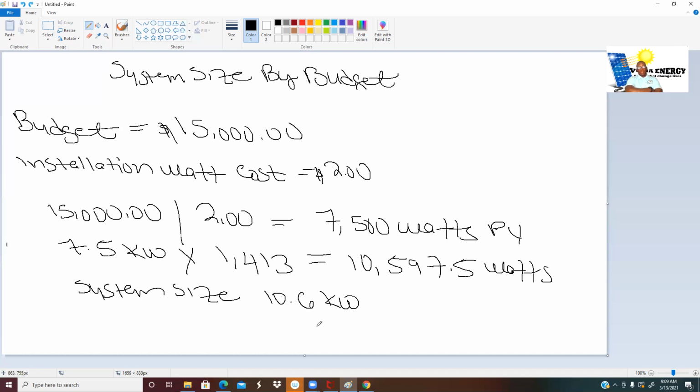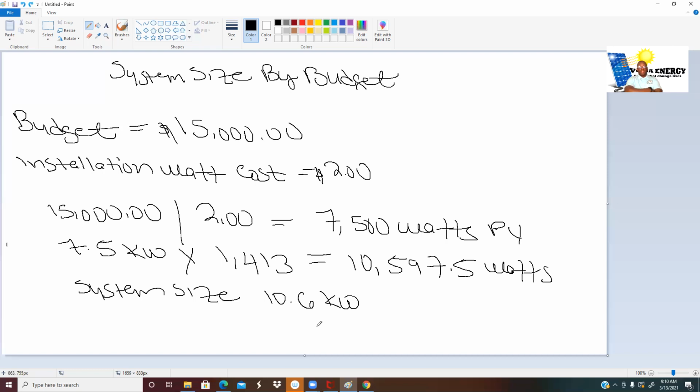Customer budget is 15 grand. The installation watt cost is $2. We take the 15 grand, we divide by the installation watt cost of $2. We have 7,500 watts. That's the PV watts. We divide that by 1,000 to give us 7.5 kilowatts, which we multiply by the location kilowatts hour year, which is 1,413. 7.5 multiplied by 1,413 gives us 10,597.5.